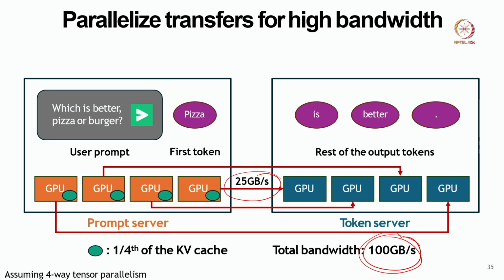Now, if each GPU bandwidth is 25 GB per second, and we parallelize the transfer of the KV cache from the prompt server to the token server, then the total effective bandwidth is 25 multiplied by 4, which is nothing but 100 Gbps. Okay. So, we are assuming 4-way tensor parallelism in this case, correct.